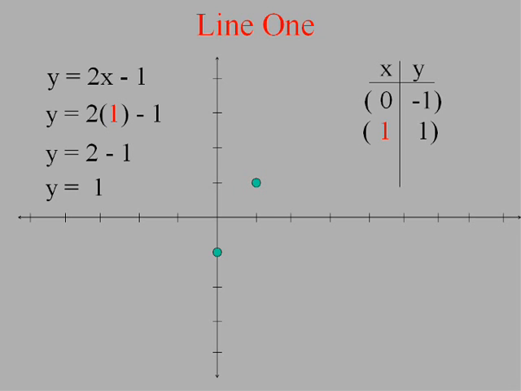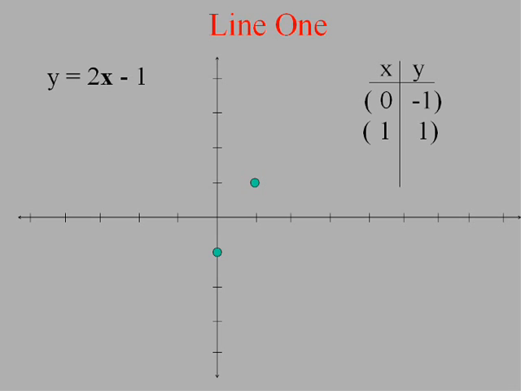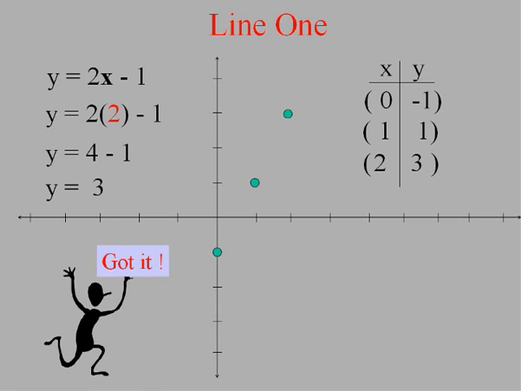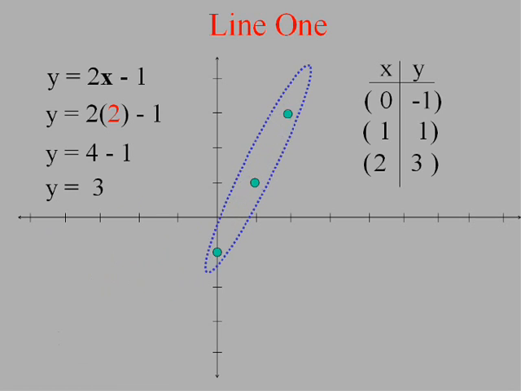I like to do one more, remember. And I'll put in 2. 2 times 2 minus 1 ends up being 3. Say a little prayer that they line up, but I'm going to go over 2 and up 3, and there you go. I know I'm okay because they line up, remember?